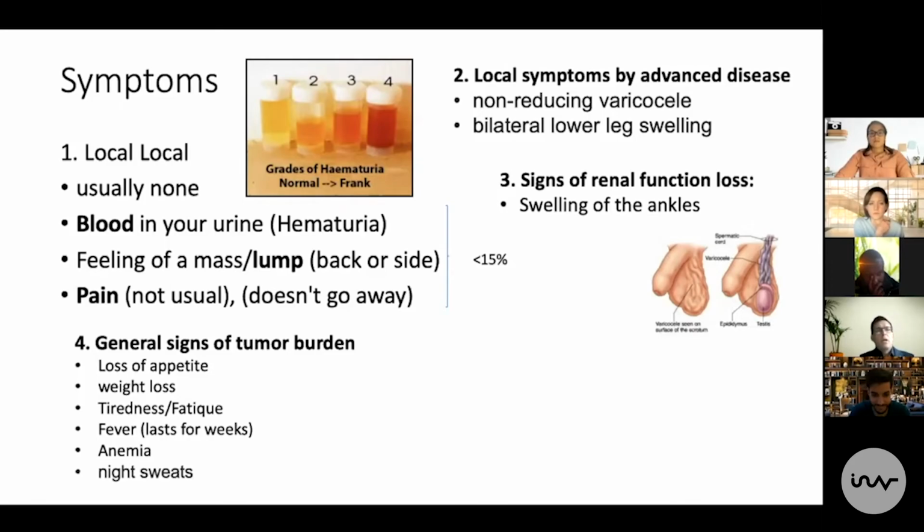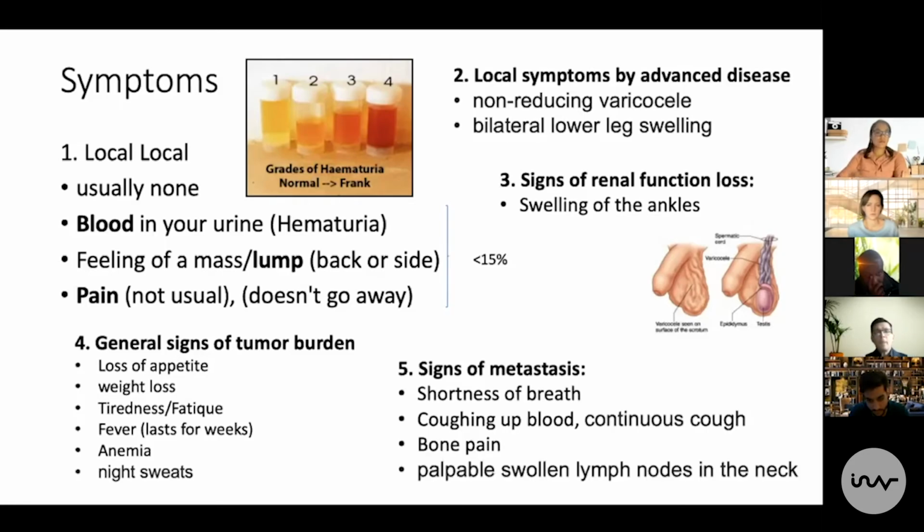Fever can develop. In the case of several cancers, due to chronic bleeding, iron deficiency anemia may develop, and night sweats are also typical for advanced stage cancer. And of course, the metastases can have signs or symptoms.